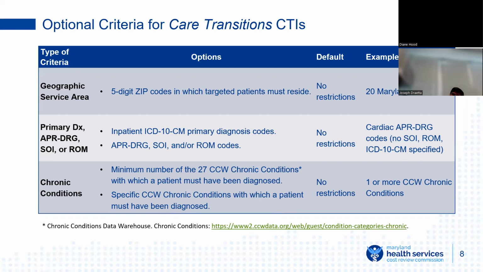Fortunately, if you were to play with the CCLF data, you wouldn't have to code those up yourselves, because those flags are in the data and can easily be used. The options for chronic conditions are that you can specify a specific set of chronic conditions, or you can specify a certain number of any of the chronic conditions with which they had to have been diagnosed.